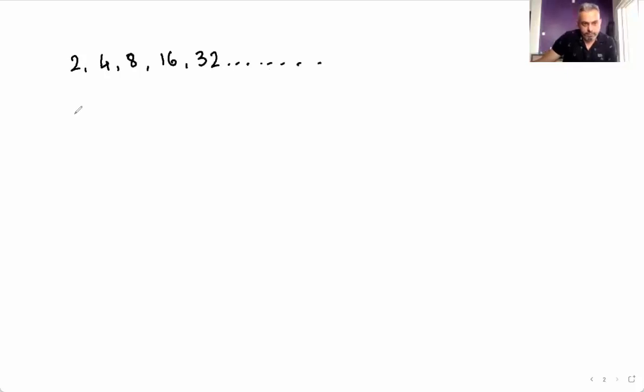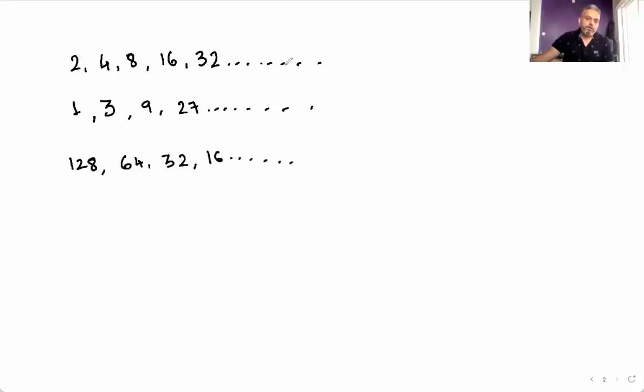We start with number 1, 3, 9, 27, on and on and on. We start with number 128, 64, 32, 16, on and on and on. All these are basically geometric progression.